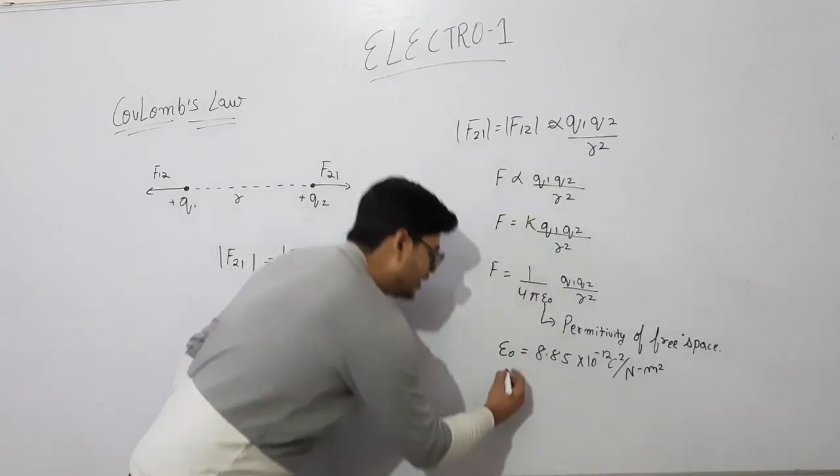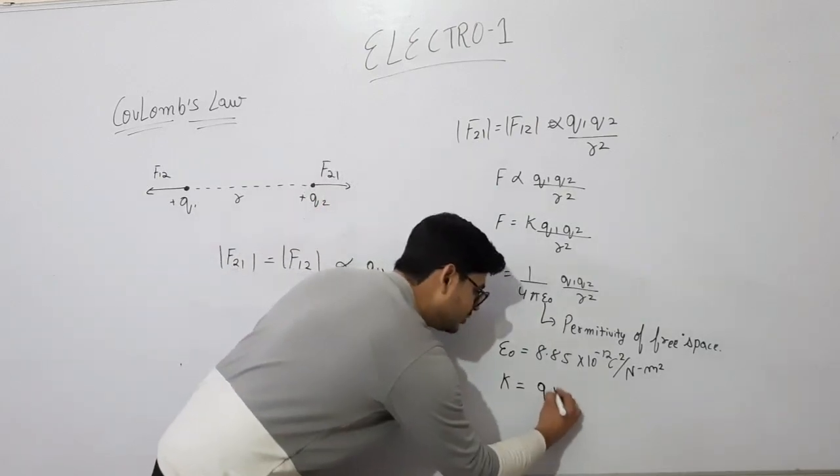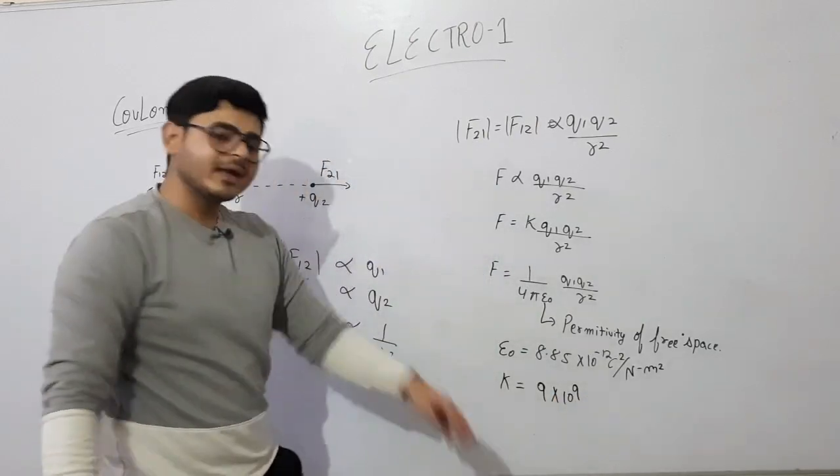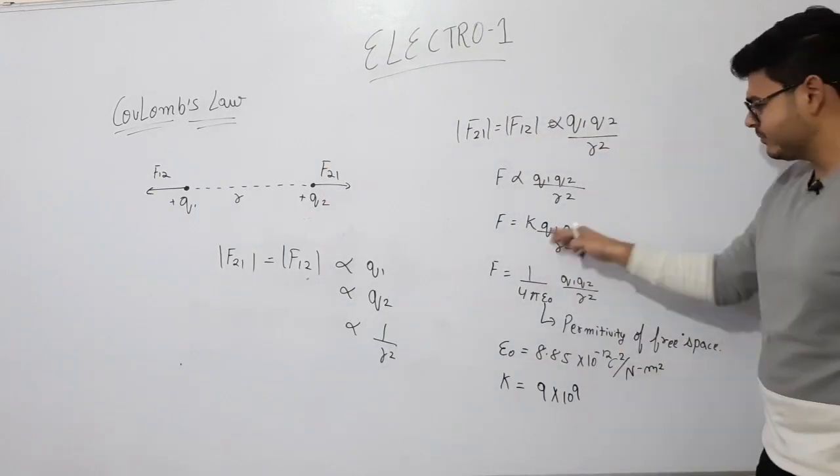So we can give the value of k. You have to cram it, I'm giving it to you. This is 9 into 10 raised to power 9. Again, the unit of this will be evaluated from this formula only.